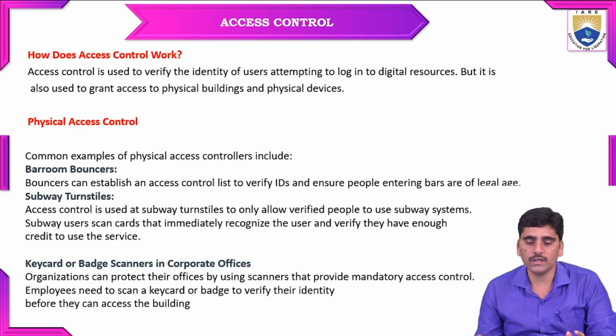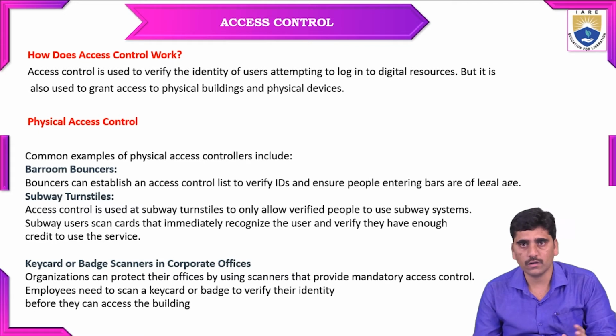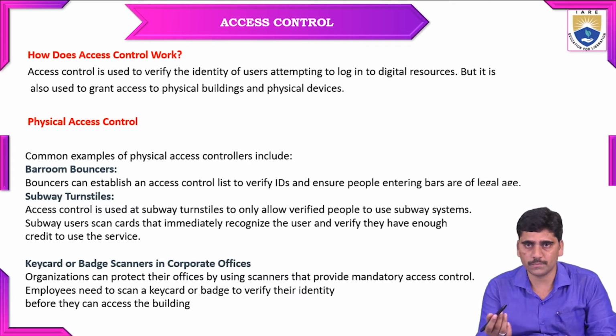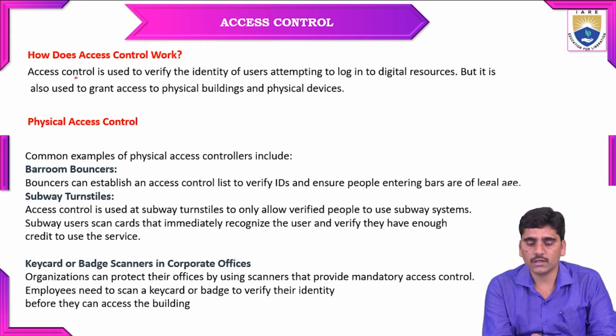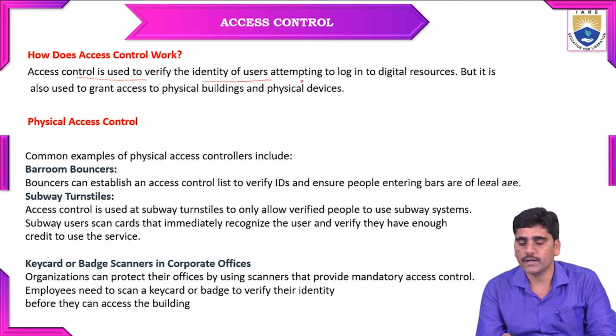And how does an access control mechanism work? So how are we going to access a particular level or particular organization principles? Access control is used to verify the identity of users attempting to log in to digital resources.